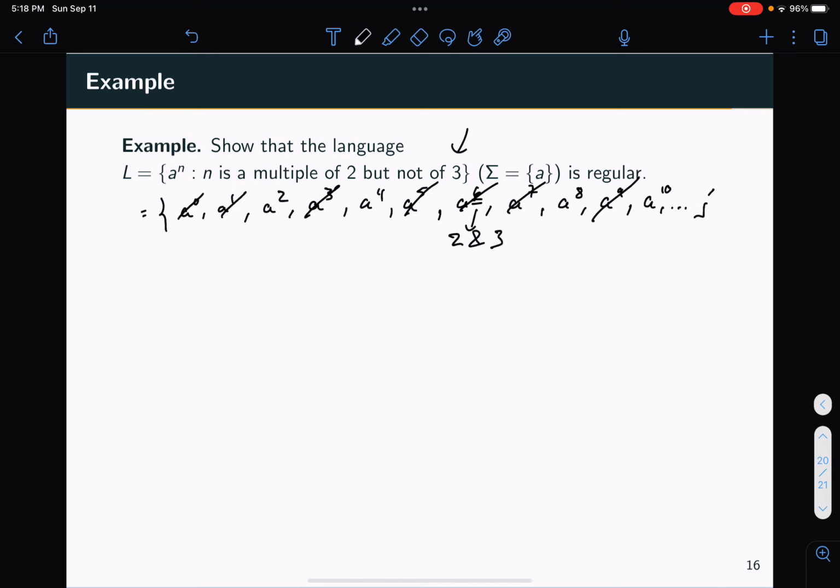And so on. What I wanted to show from this short exercise is that there's actually a pattern in what's going to be accepted and what's not. All of the integers that are multiples of 2 but not of 3 are going to be on this sequence of integers: 2, 4, 8, 10.